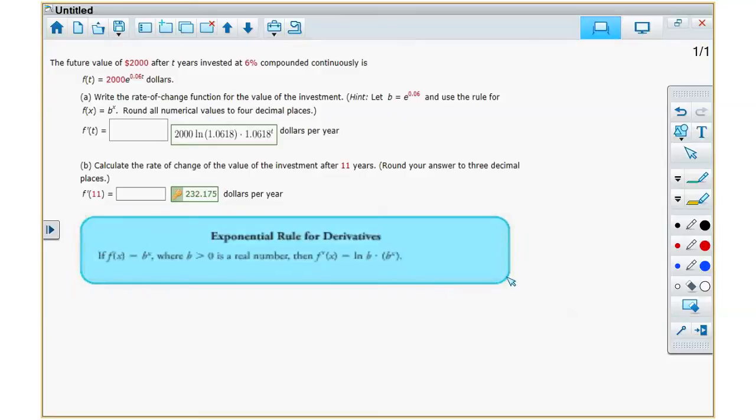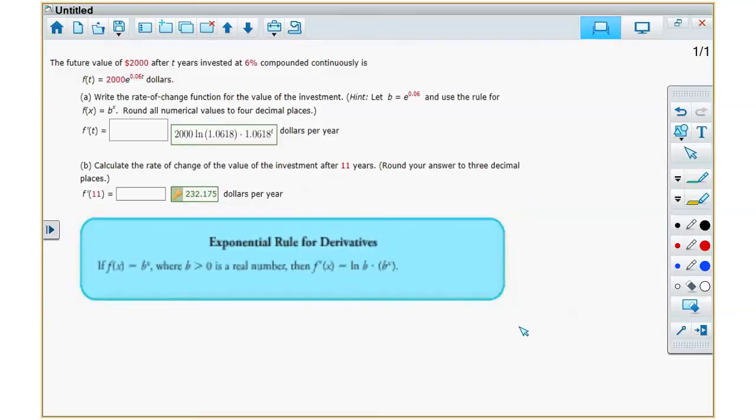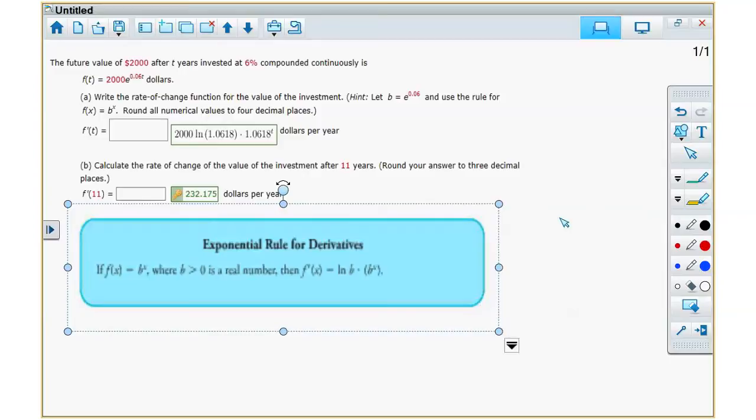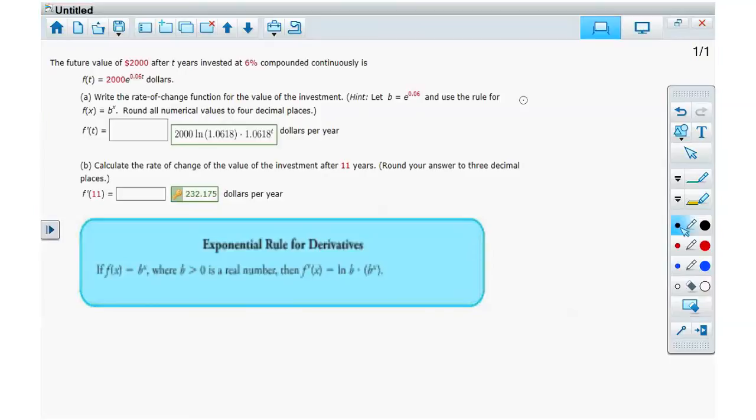There's the, so let's see what we do here. We take this function. Let's see if it works today.